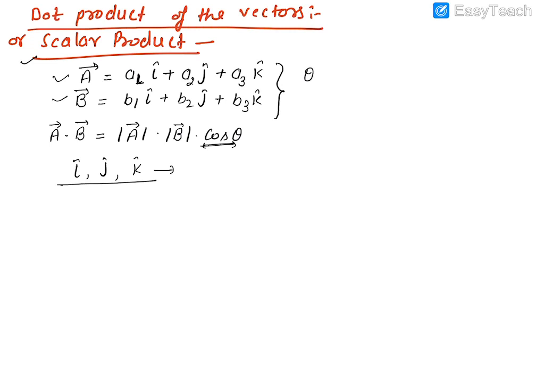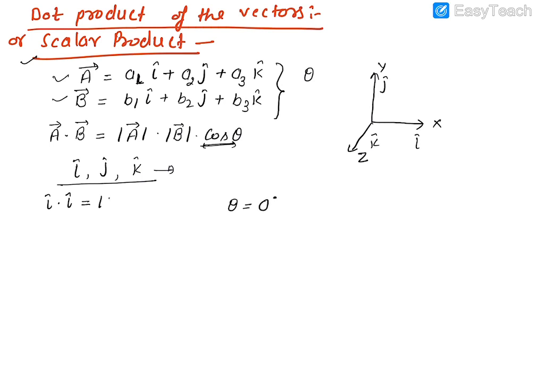As I explained, i, j and k cap are the unit vectors along x, y and z direction respectively. This is i cap, this is j cap, this is k cap. Suppose we find i cap dot i cap. The angle between i and i is theta, which is 0 degrees, right?